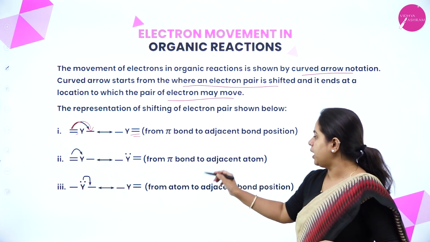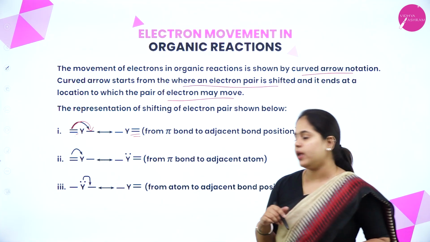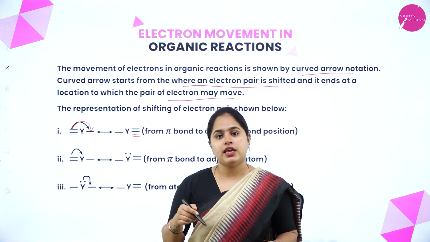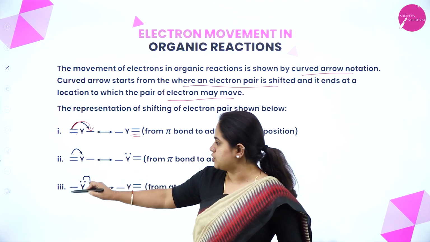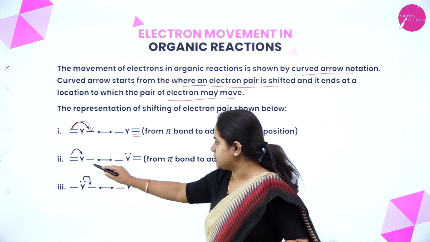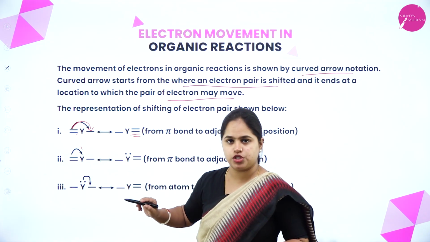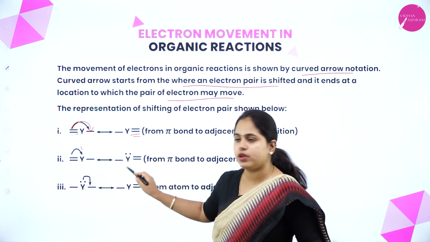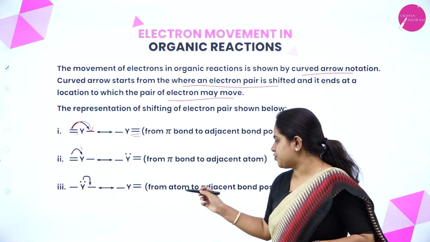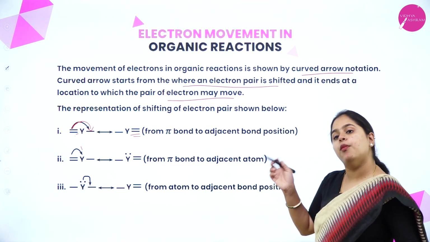Next one is from pi bond to adjacent atom. From the pi bond to the adjacent atom, the pi electrons, that is the 2 electrons, are going to the adjacent atom. The atom here is Y. As you can see, it is shifted to this position, and on Y you can see these 2 electrons, that is a lone pair. The next one is from atom to adjacent bond position.